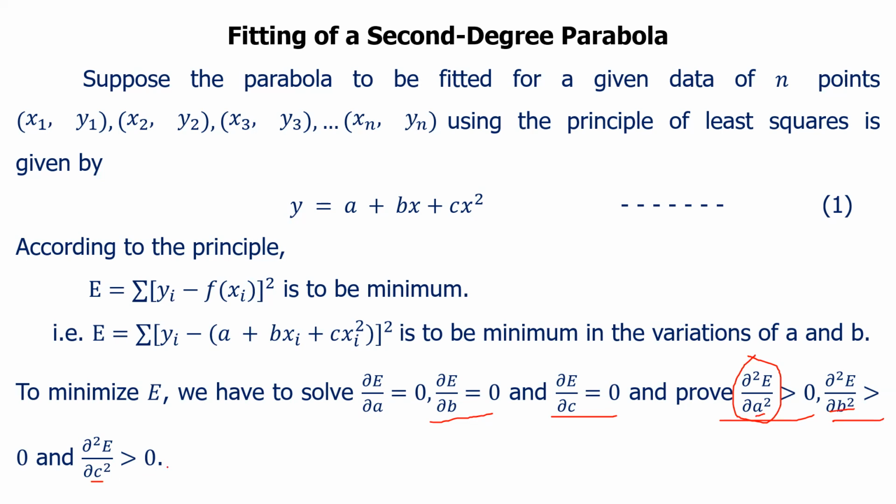So let us first calculate these equations. First, we will get the first equation: consider the partial derivative of E with respect to a equal to 0.